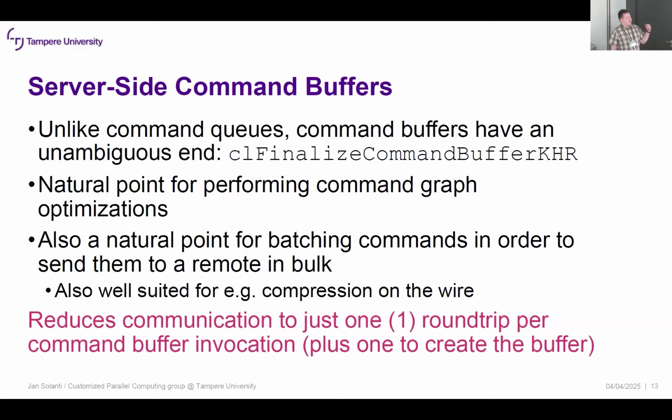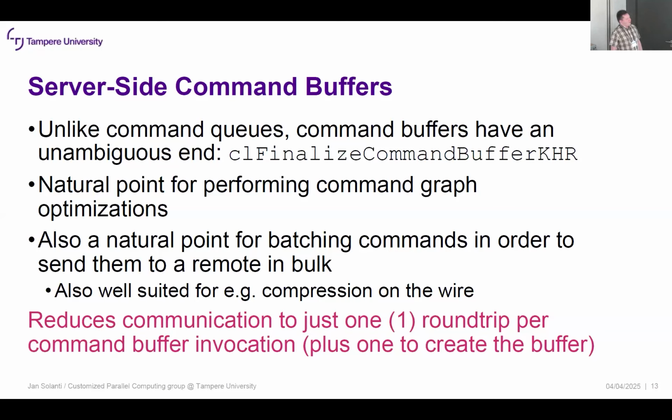So that's an obvious point for doing optimizations in the command graph. And if you're really ambitious, you could also try to fuse the different kernels together to build one mega kernel, and instead of doing multiple kernel invocations, just do one. But that's not something that we currently do.